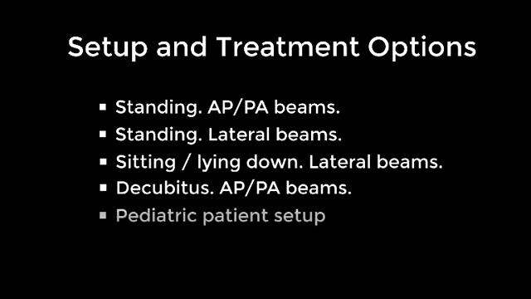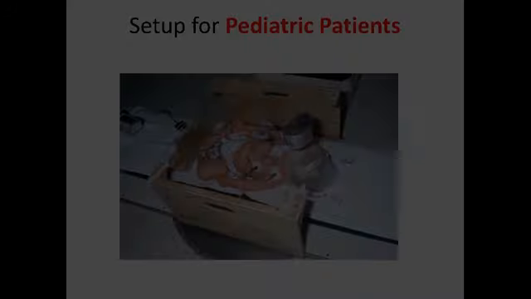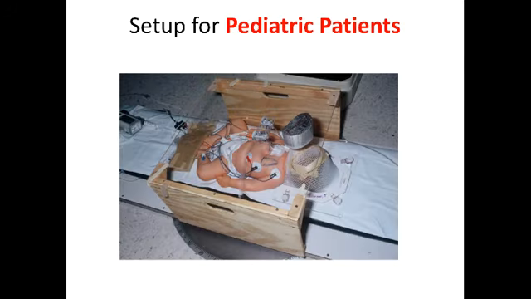Or there's a special pediatric patient setup. Again, you want extended SSD, so they're down on the floor of the room. You need a beam spoiler, that's the plastic over the top of the patient. There's a block here for the lungs and a block for the head, and then there's compensation to even the dose out.